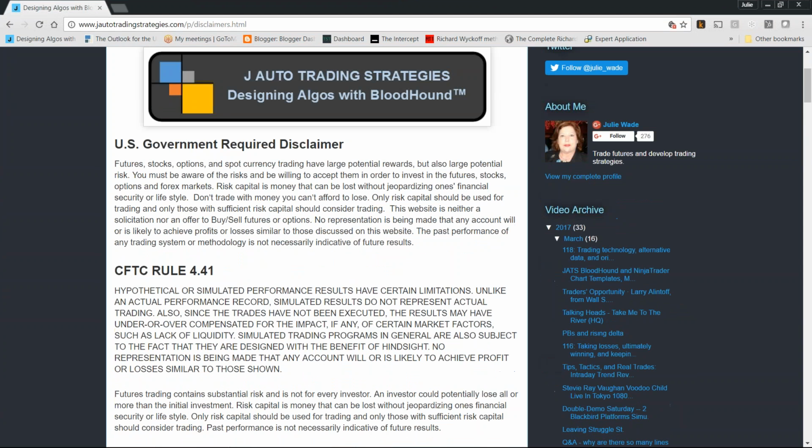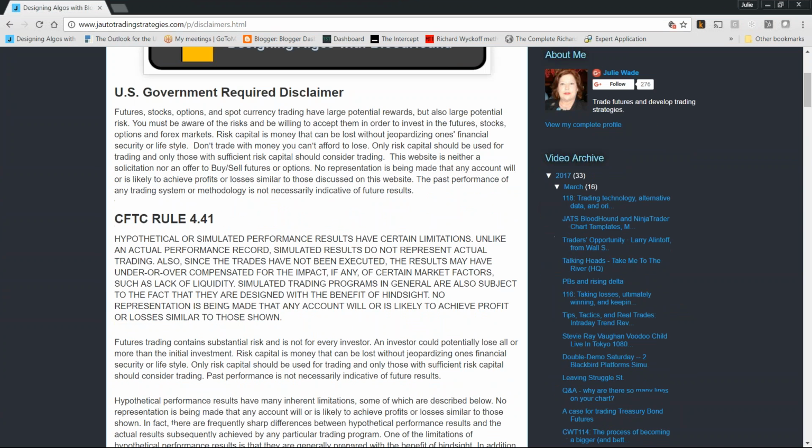Futures trading does contain substantial risk. It is not for every investor. There's no faster way to lose your money. Just ask good old Bill Ackman, who dumped $9 billion of his clients' money on one trade. Who does that? Who just rides a trade down $9 billion?